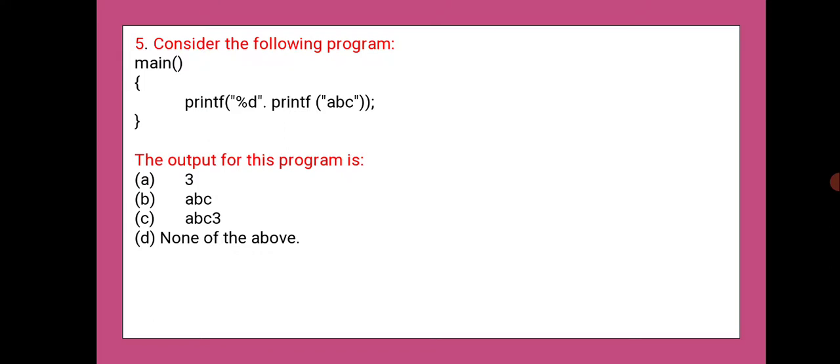My answer is C, abc3. printf returns the number of bytes, and in this case printf returns 3, so the number of bytes is 3. So abc will be printed and then %d, that is 3, will be printed.